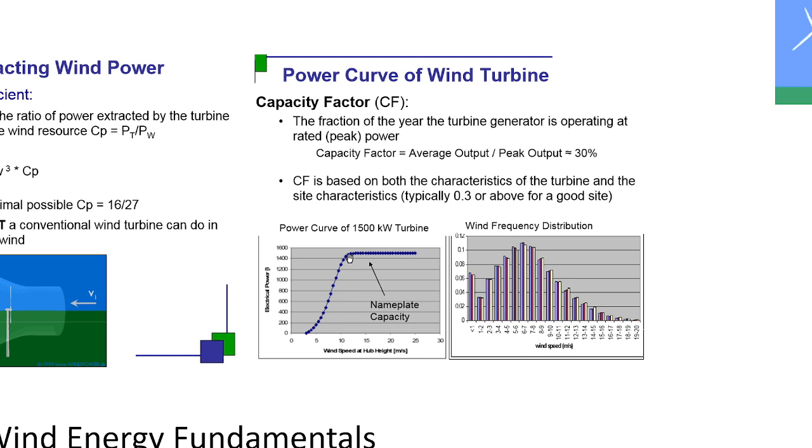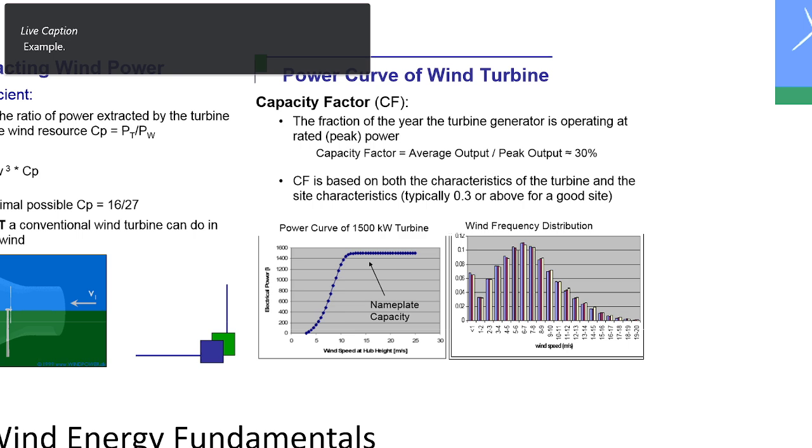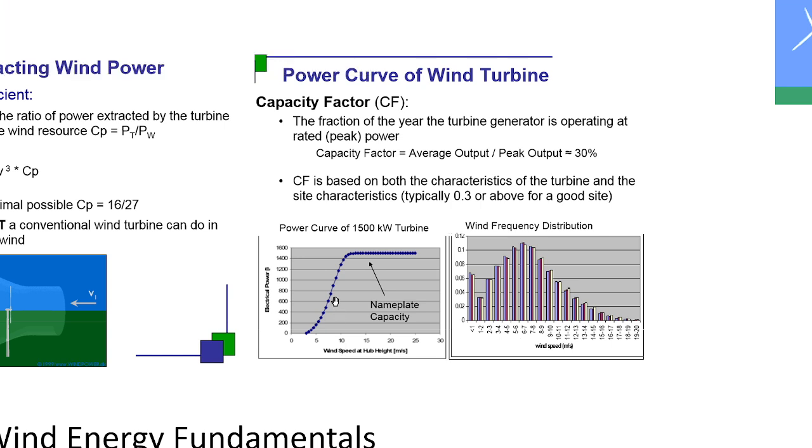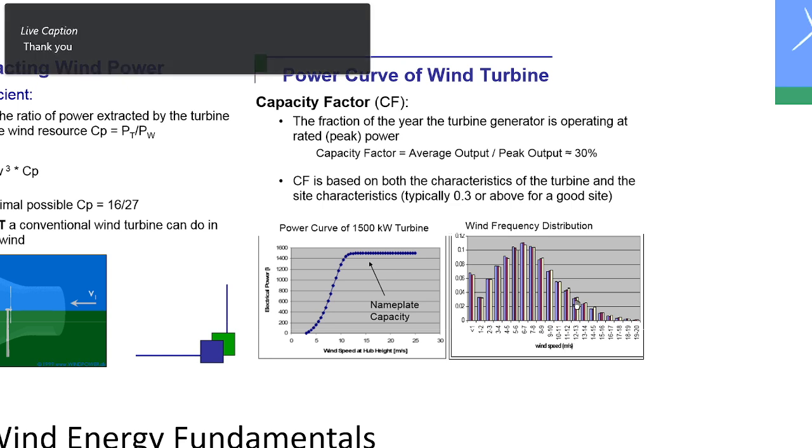At 6 or 7 or 8 meter per second, somewhere here, it will generate about 1 megawatt instead of 1.5 megawatt. At 10 or 12 meter per second, it will generate this much megawatt. But the wind available in this range is limited, whereas the wind available in this range is higher.